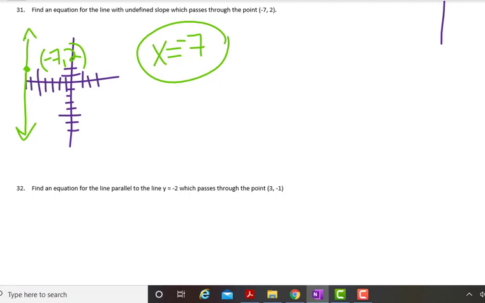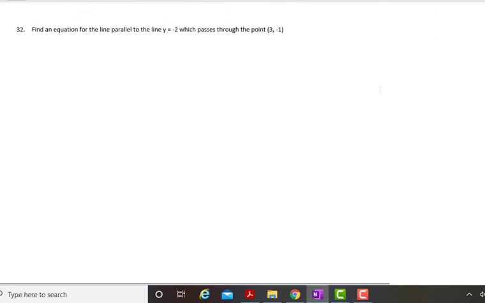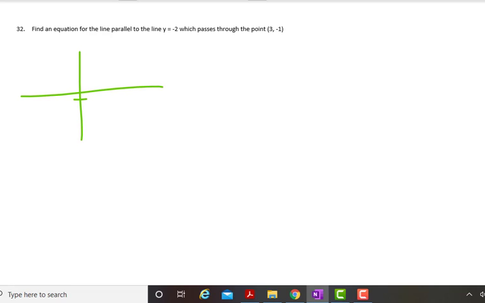Number 32. Find an equation for the line parallel to the line y is equal to -2, which passes through the point 3, -1. So the line y is equal to -2 is a horizontal line, because an equation for a horizontal line is y equal to the y-intercept.